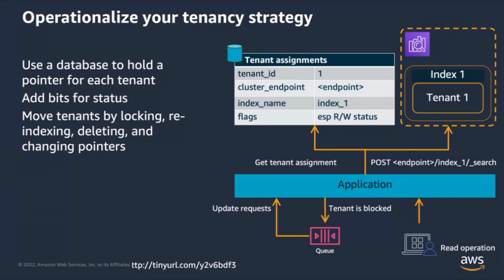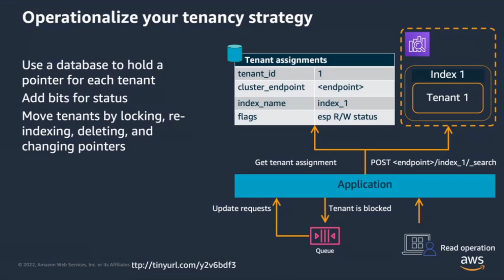On the operational piece, and shout out to NBC Sports Engine, I encourage everybody to have a look at the re:Invent talk that we did together in 2018. You can operationalize your tenancy strategy and really simplify your tenant management by using an external database that holds a pointer for each tenant to where their data is.